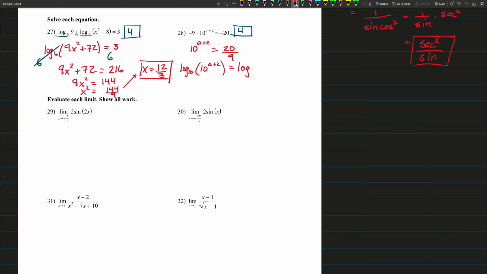All right, what we do to one side, we have to do to the other. This log base 10 and that exponent of 10 cancel. So we have a plus 2 is equal to log base 10 of 20 over 9, which means that a is equal to log base 10 of 20 divided by 9 minus 2.